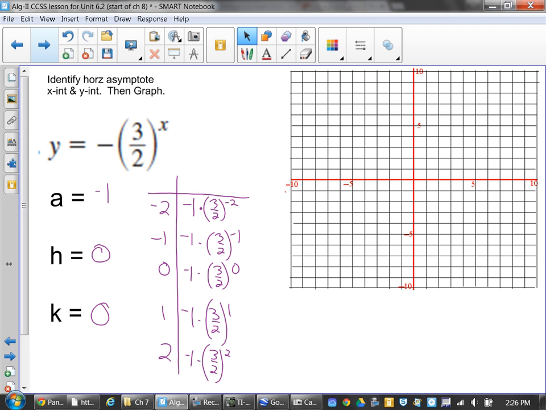Just continually write that out so that we don't get gummed up with that negative value.